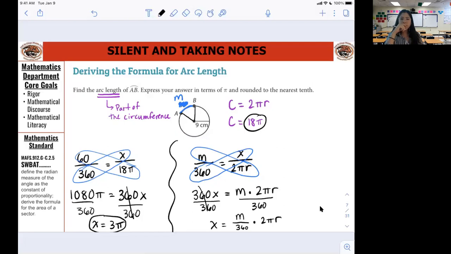So where did we see m over 360 before? The first time we did it, we did 60 over 360. And if you look, I have it over here as well. That's m over 360.